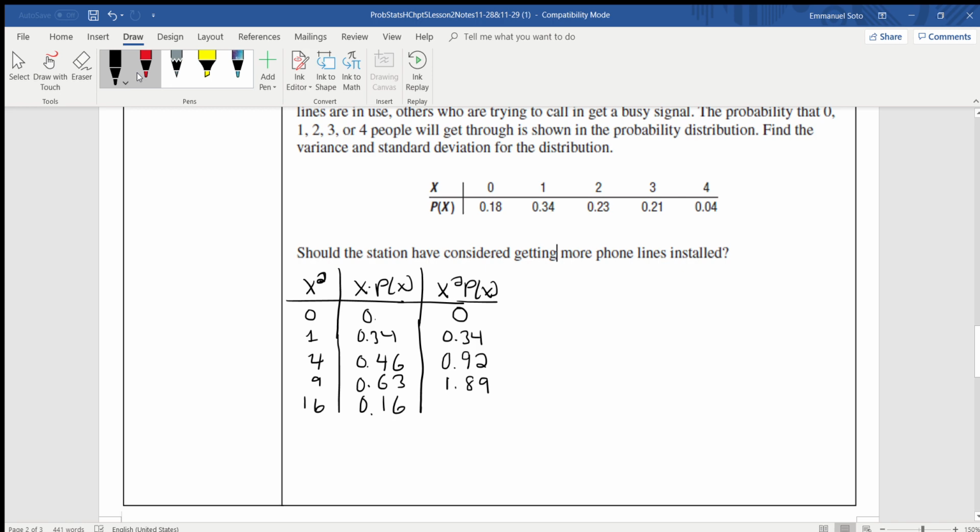So 16 times 4, that should be 64. So this should be 0.64. I'm going to verify that with you guys. Okay, so now we're going to go ahead and add this together.